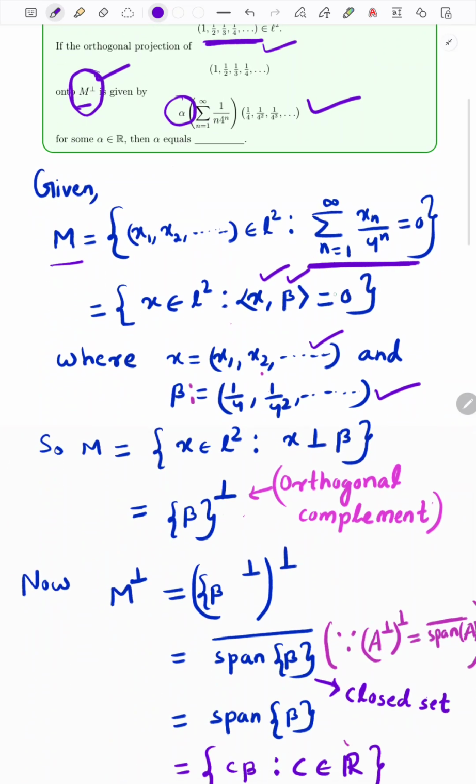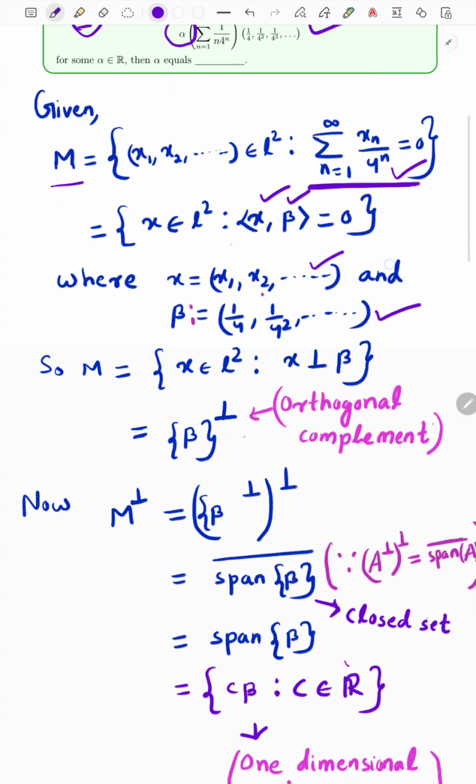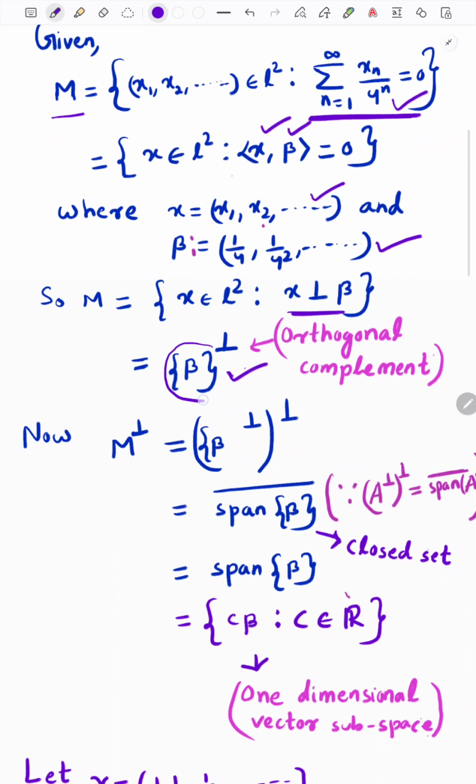Then if we take the standard dot product, it turns out to be this series. We denote the inner product x comma beta equal to 0, meaning x is perpendicular to beta. So we are collecting all the elements from the L2 space which are perpendicular to beta. This is nothing but the beta perp set, the orthogonal complement of beta.